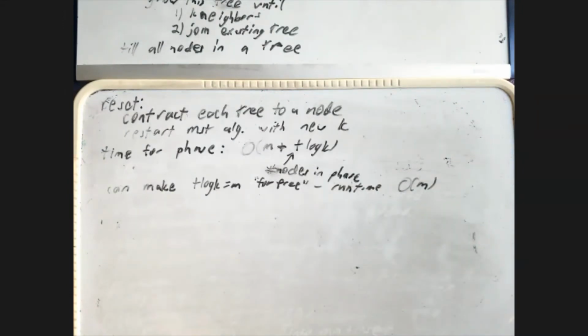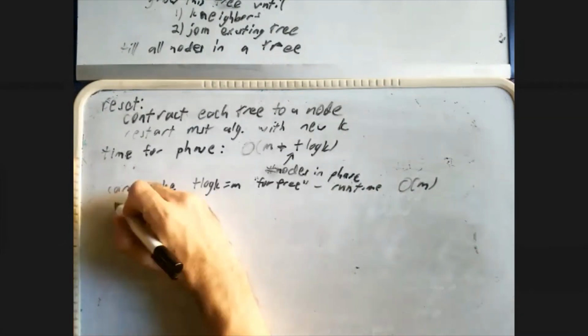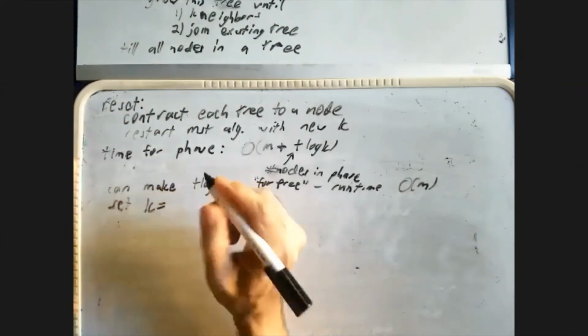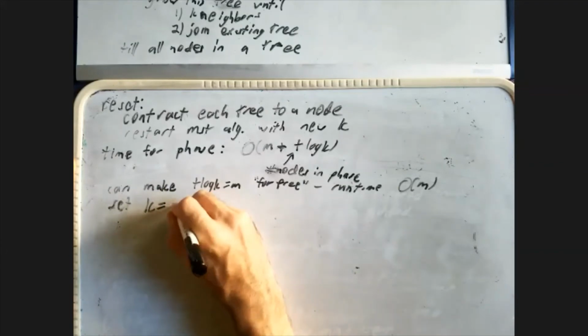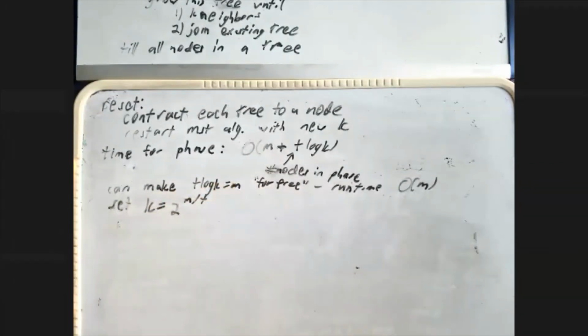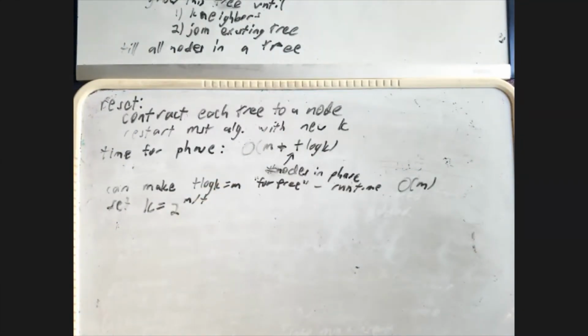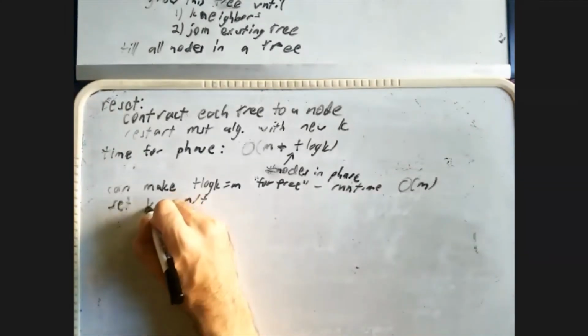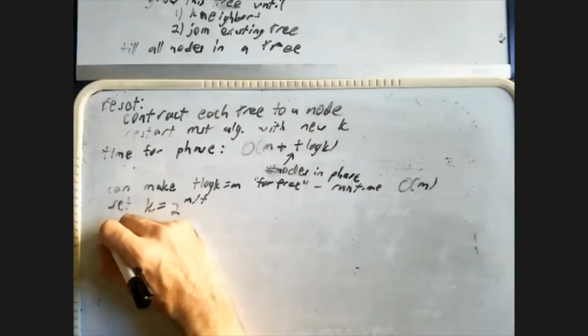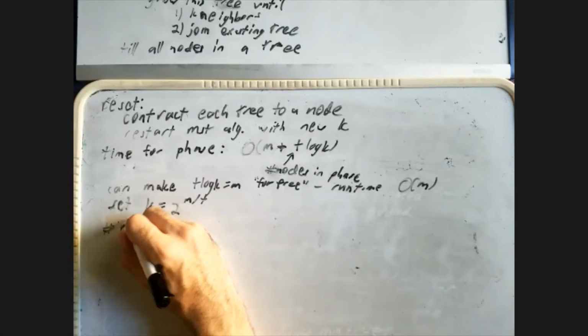So I can set k to be equal to 2 to the power of m over t, and still end up with a linear runtime. So this is how I'm going to choose my heap size parameter k. So now we know that it's going to be linear time per phase.